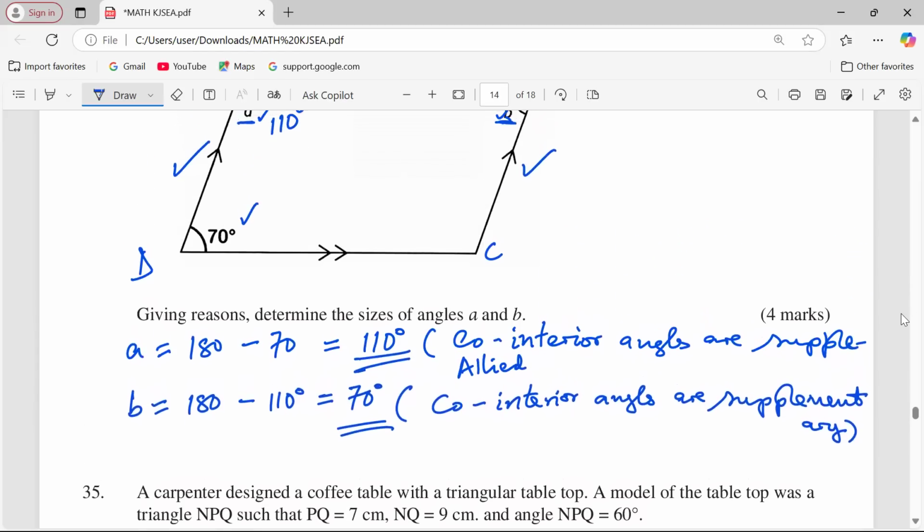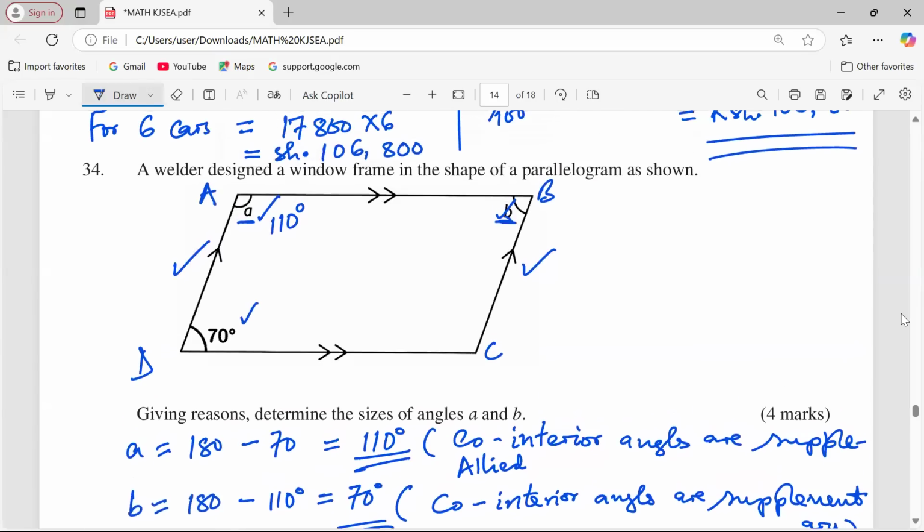Now, there can be more reasons and more approaches to this. In a parallelogram, we usually say that opposite angles are usually equal. So 70 and the angle at B are opposite to one another.